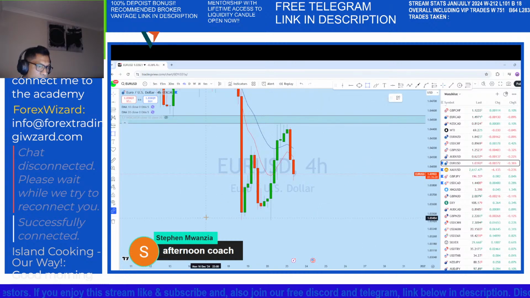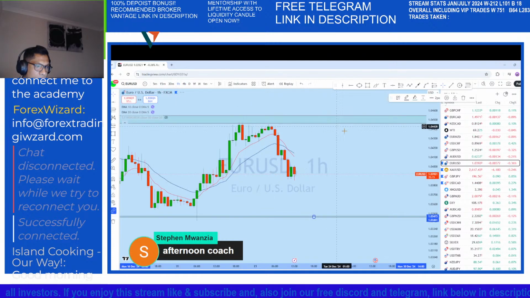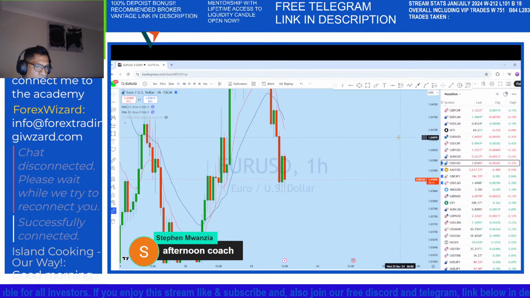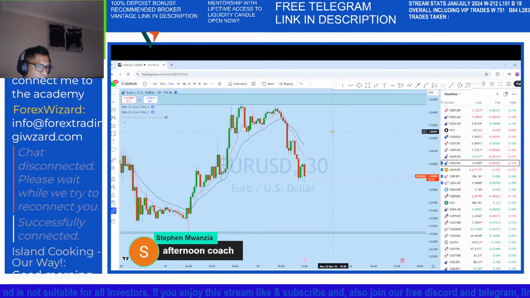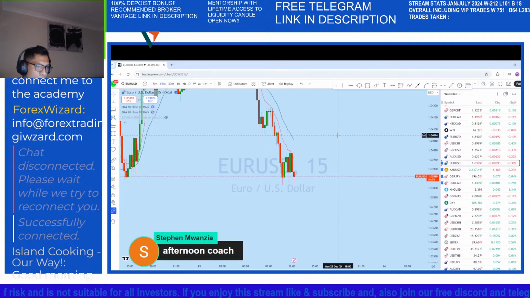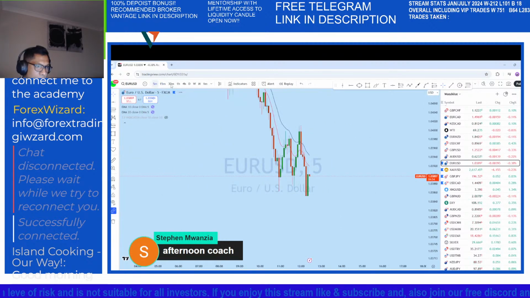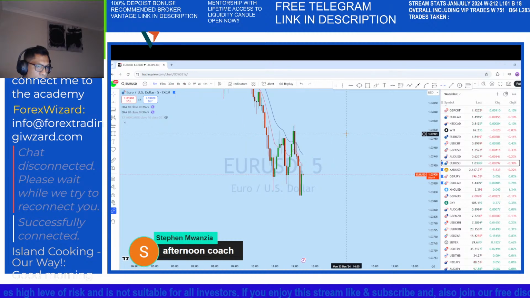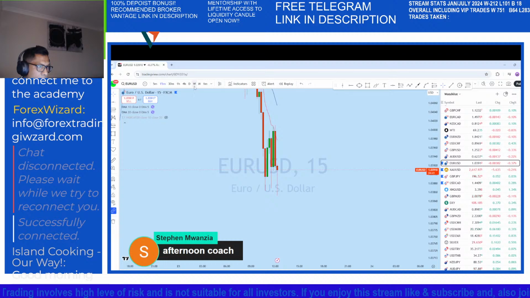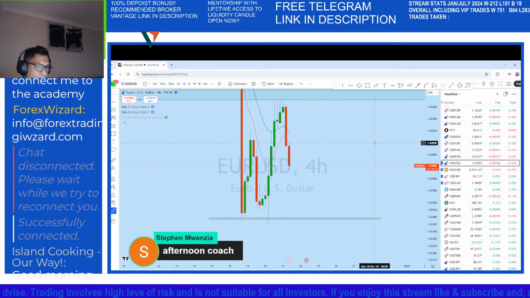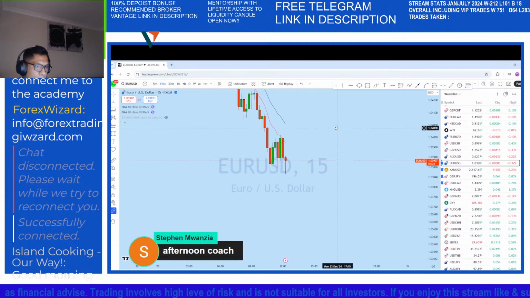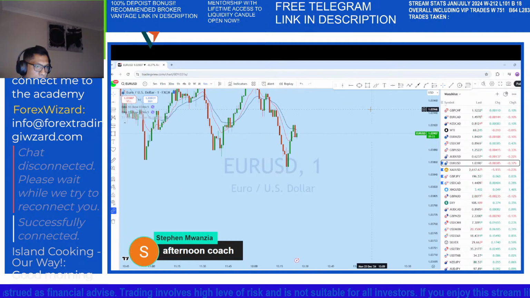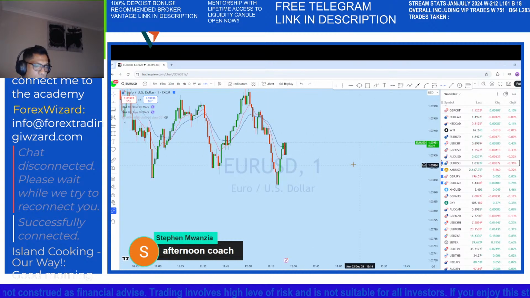It may come back here to this support level. So euro dollar trying to revert here.